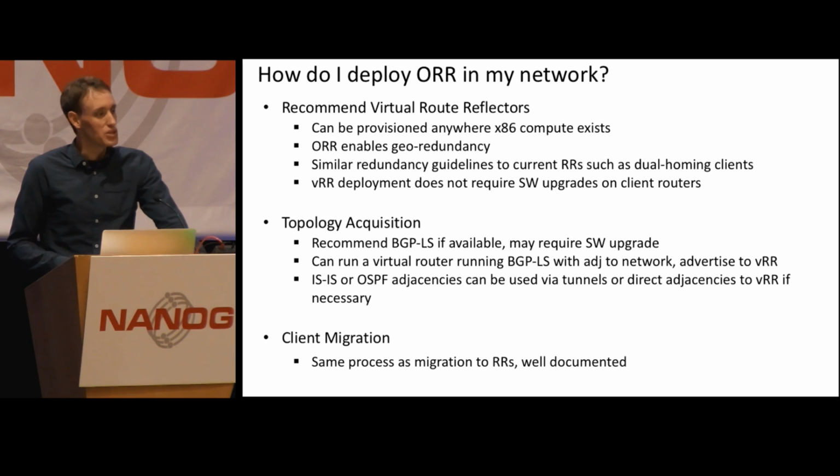So here are my recommendations. Not that anybody has deployed ORR yet, but if you are looking to deploy ORR, here are some guidelines. I would definitely recommend using virtual route reflectors and not deploying ORR on your hardware router.